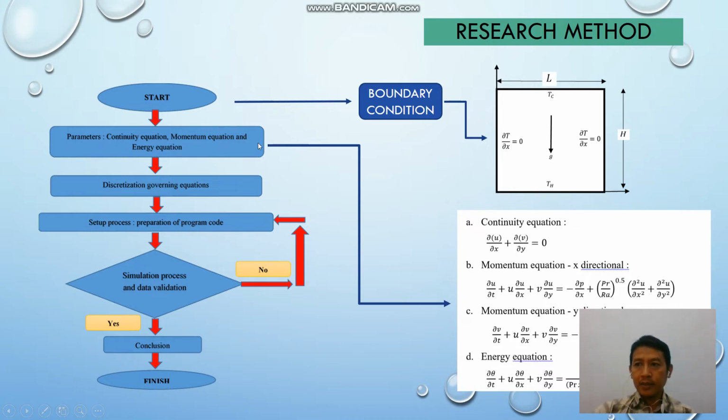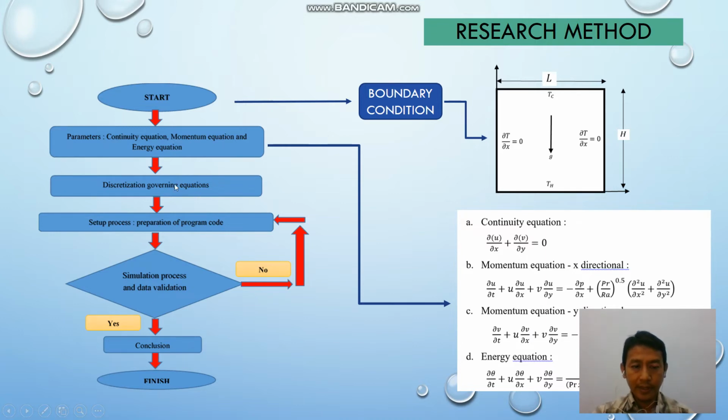The next step is determining the set of equations. There are four equations: the continuity equation, the momentum equation in the x direction, the momentum equation in the y direction, and then the energy equation.